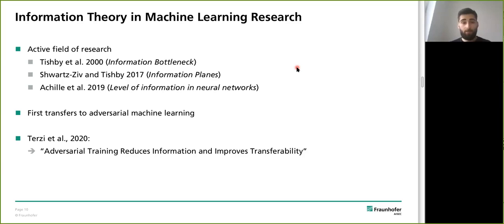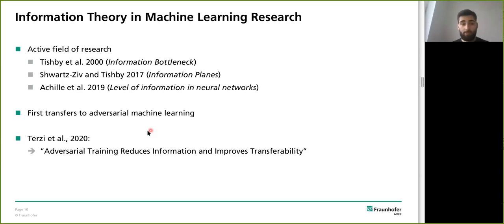I listed here 3 interesting publications, but those publications look at deep learning in general and try to figure out how deep learning works and how to explain deep learning performance with information theoretic tools. First approaches were made to transfer this knowledge gained in information theoretic approaches to understand deep learning training. Those approaches are transferred to adversarial machine learning.